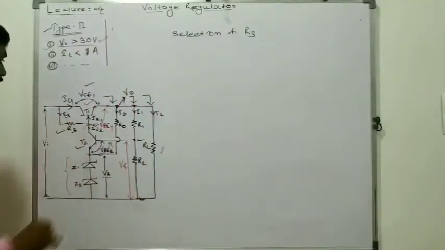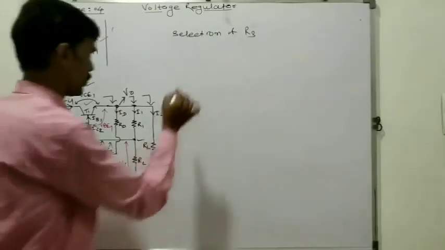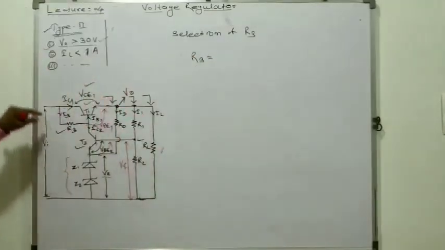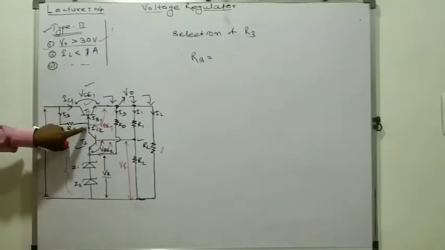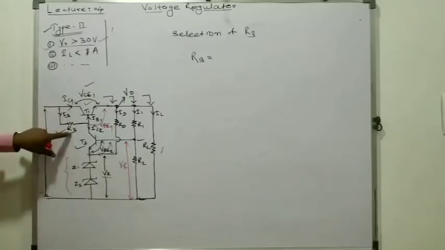For selecting this resistance R3, we know by Ohm's law that R3 is equal to the voltage available at this point minus the voltage available at this point, divided by the current flowing through this resistance R3. This is a standard formula for calculating R3.